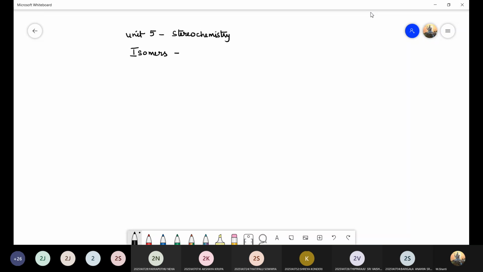I want one word for this. See, suppose if I draw any structure, let us suppose something like this. Stereo means solid.